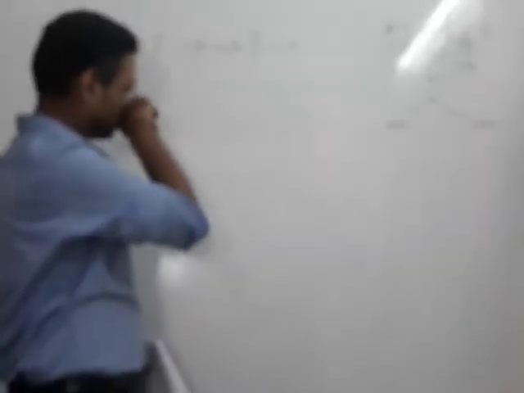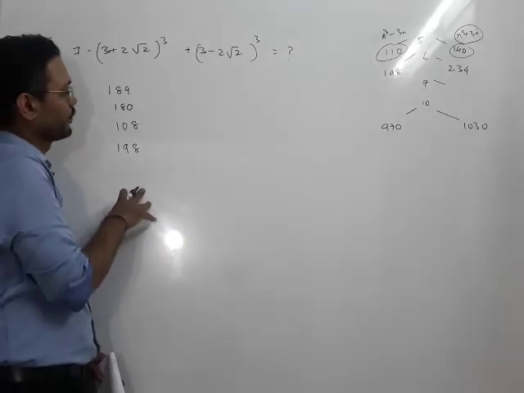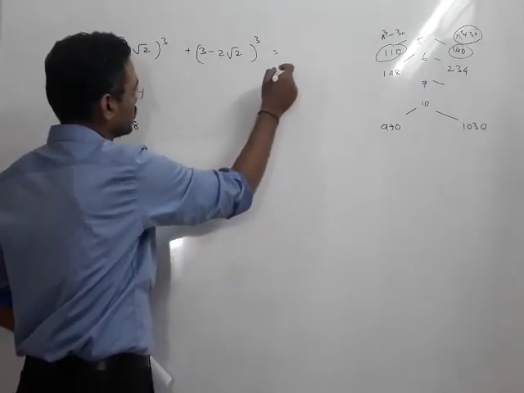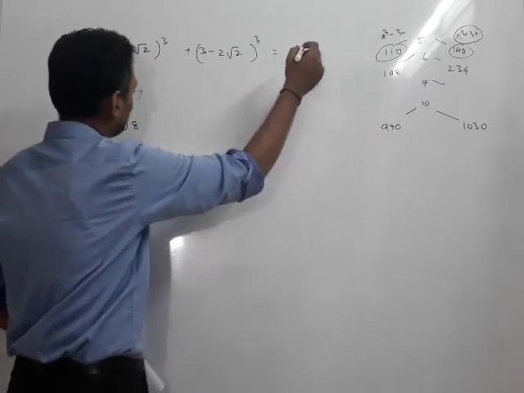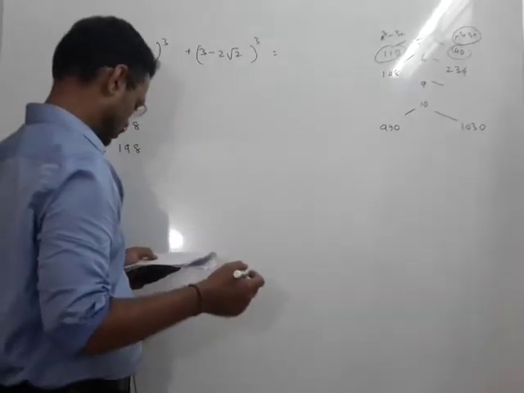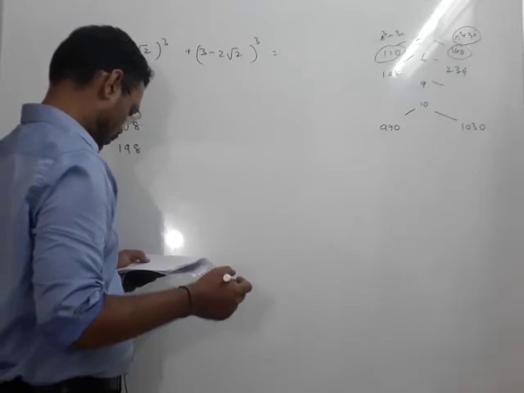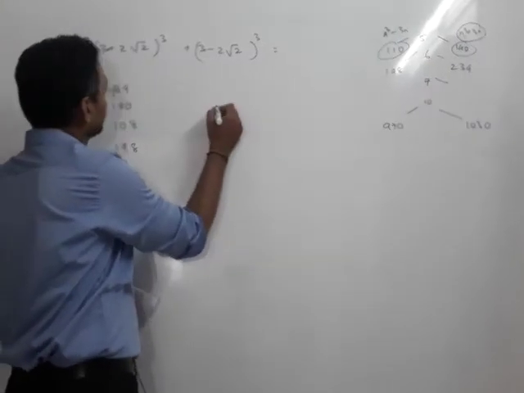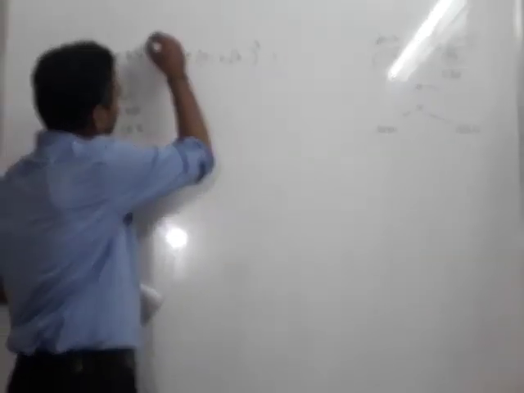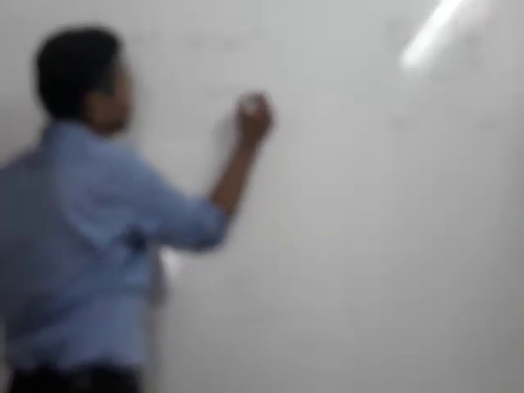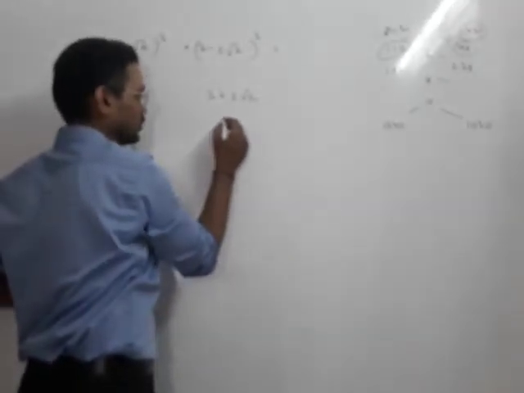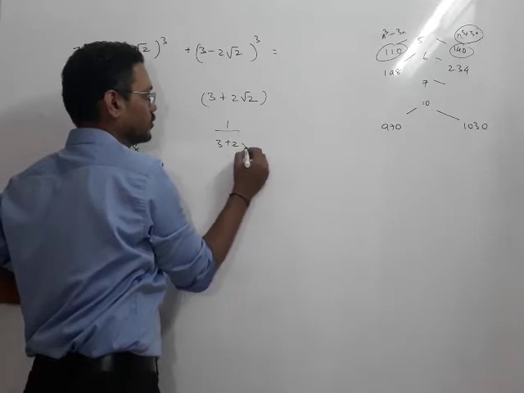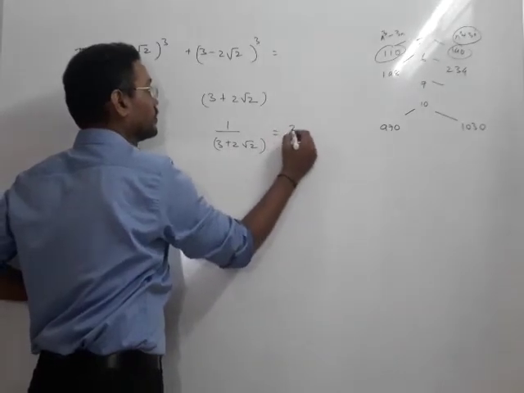Okay. Before solving this one, you should know one thing. Whenever something like 3 plus 2 root 2 is given, what is its inverse? The reciprocal, 1 upon 3 plus 2 root 2, will be 3 minus 2 root 2.